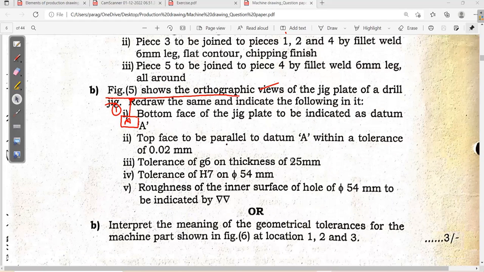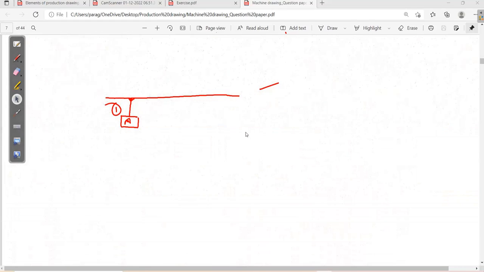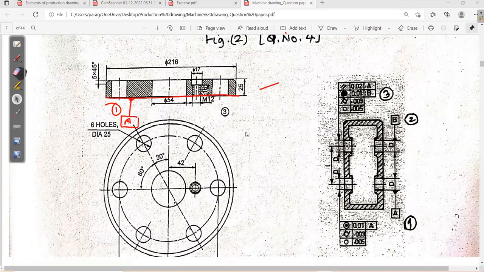Next, top face to be parallel to datum A within the tolerance of 0.02 mm. So they have asked geometrical tolerance. Now parallelism. So the top face, how do you represent it?